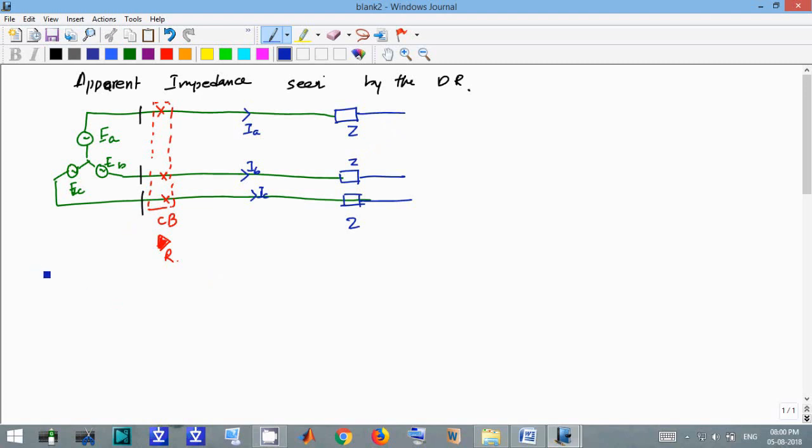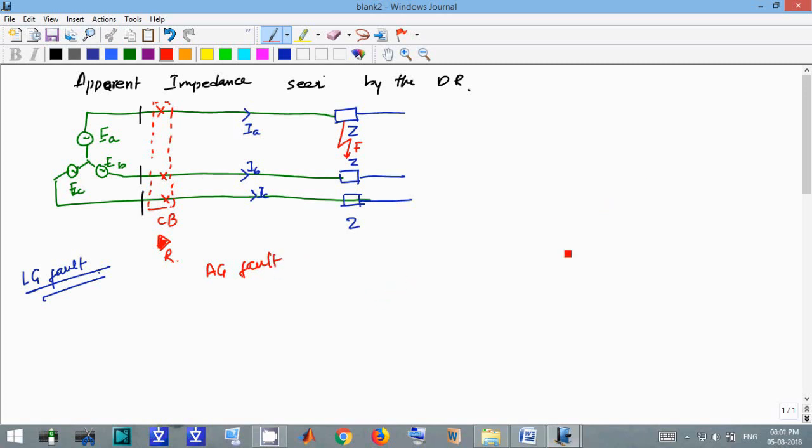So in case of, say, an LG fault, a single line to ground fault, suppose a fault occurs in line A. That means this is an AG fault, right?